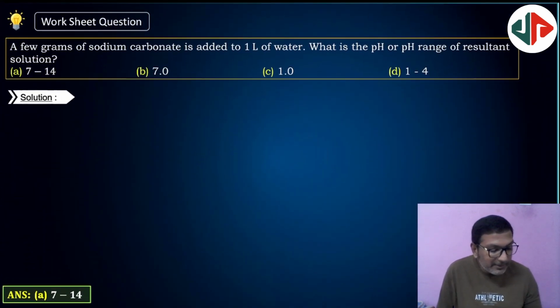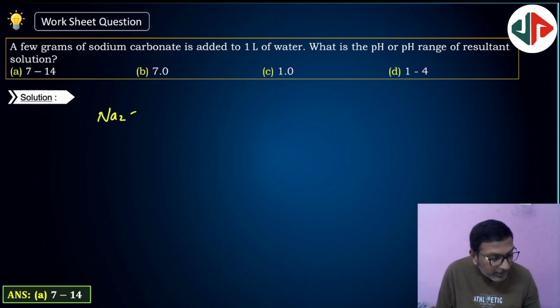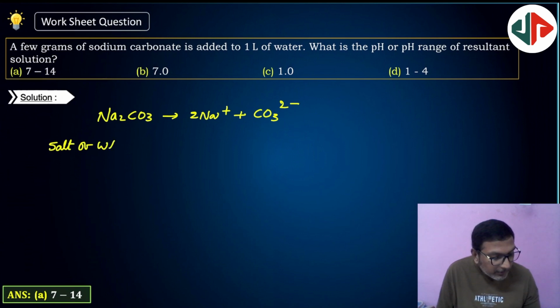Next. So a few grams of sodium carbonate is added to 1 liter of water. What is the pH range of the resulting solution? So sodium carbonate, we know Na2CO3 dissociates to 2Na+ plus CO3 2-. So it is a salt of a weak acid plus a strong base. Therefore anionic hydrolysis, CO3 2- undergoes hydrolysis.